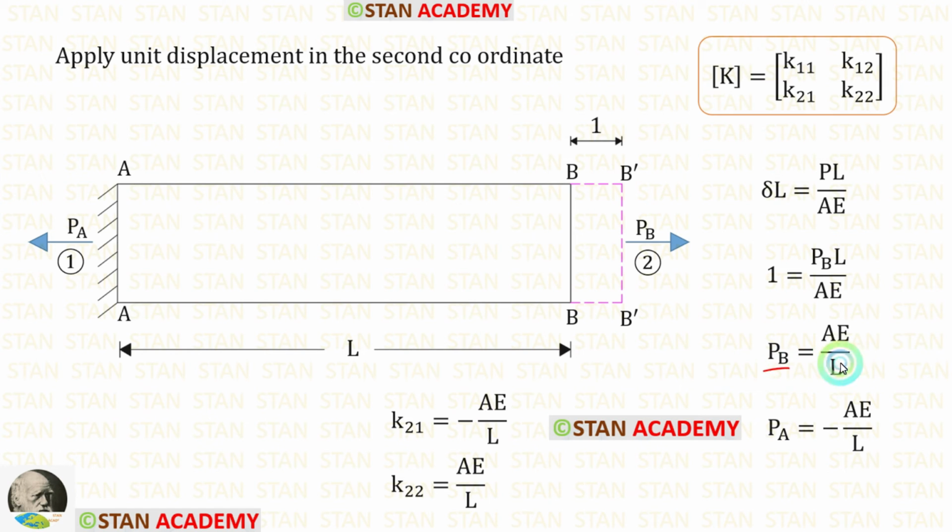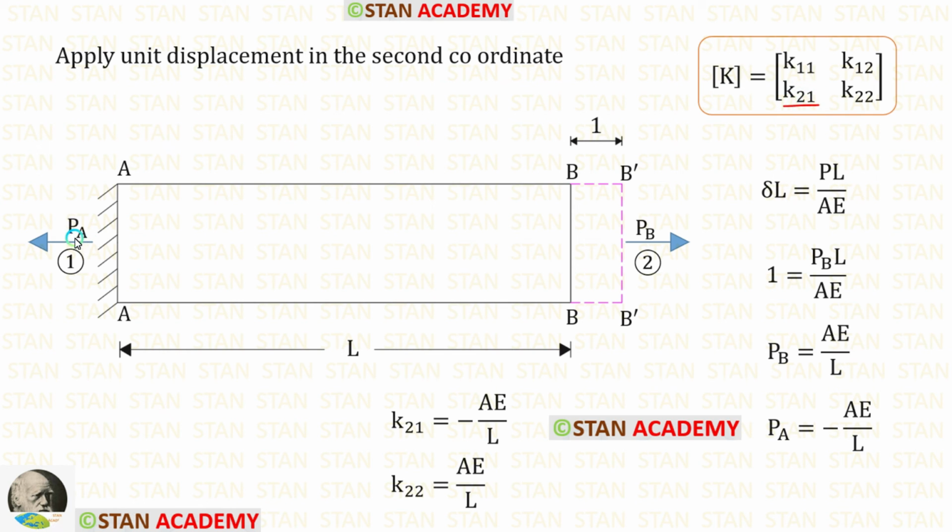So PB is AE upon L. We know that we have kept our second coordinate towards the right side. To make this change in length, the load PB also should be acting towards the right side. Since it is acting in the coordinate direction, it will be positive.